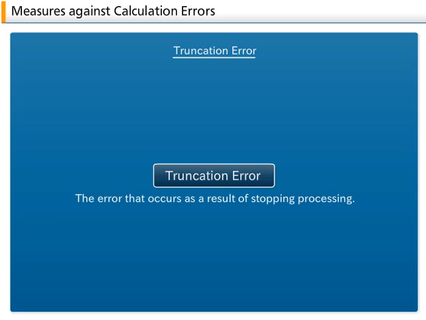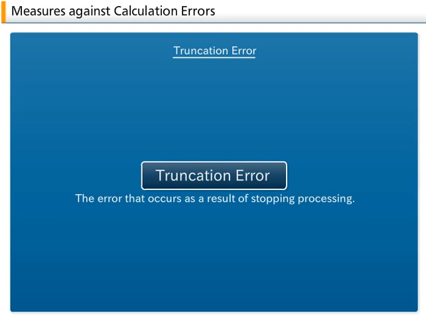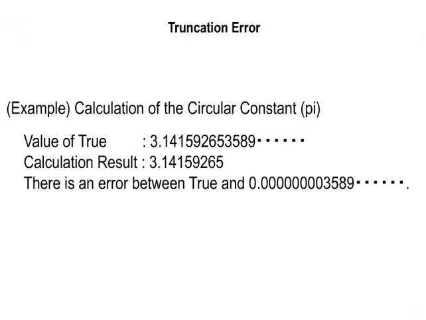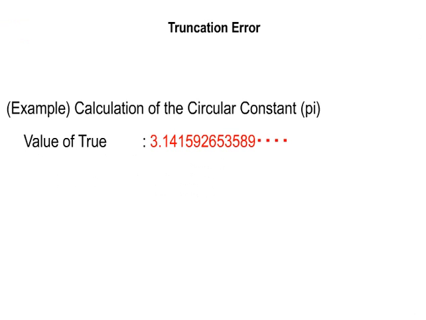The error that occurs as a result of stopping this processing is called a truncation error. This differs from the true value calculated in mathematics. However, there will be no problem for practical purposes. Example: calculation of the circular constant, pi.